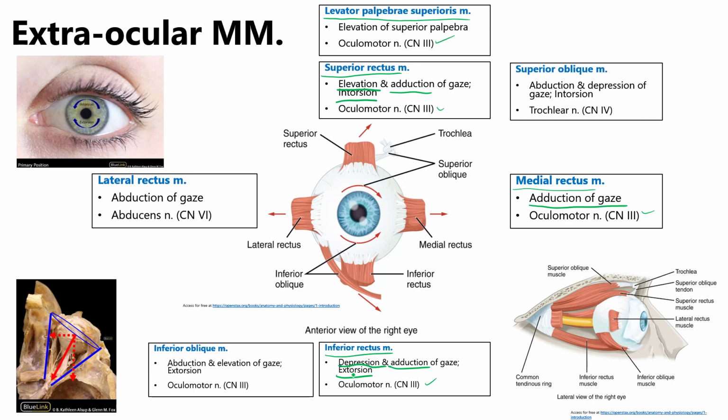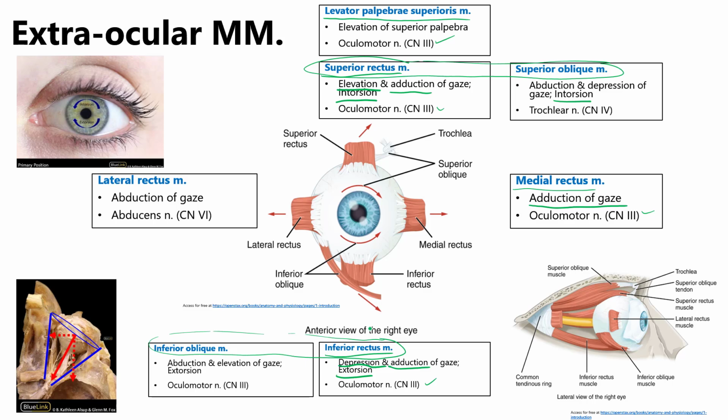So intorsion, if you recall, is courtesy of these superior muscles, superior rectus and superior oblique, whereas extorsion is courtesy of these inferior muscles, inferior rectus and inferior oblique.